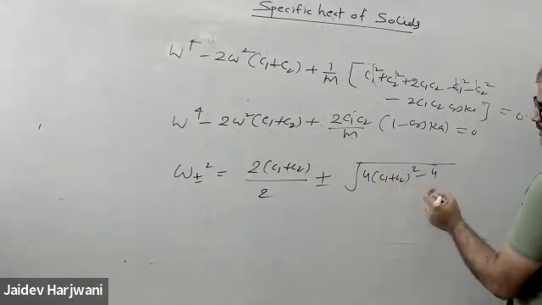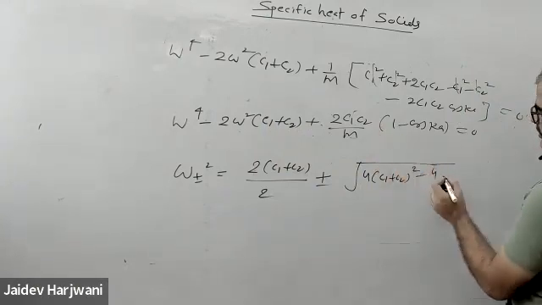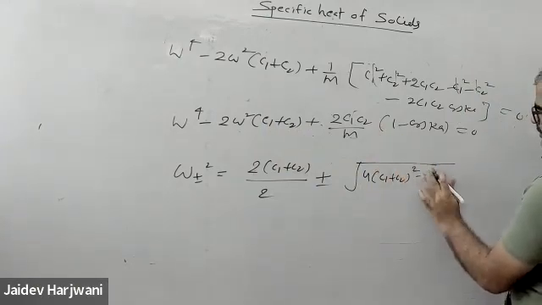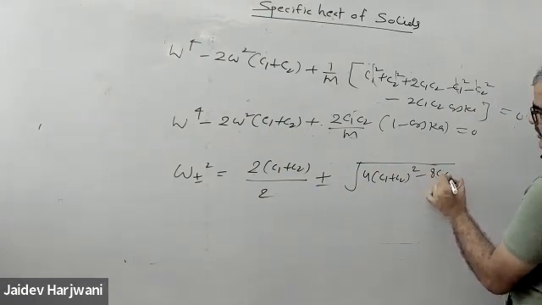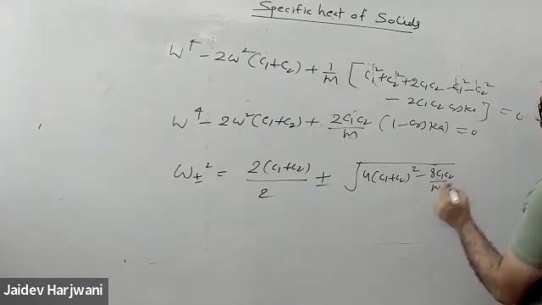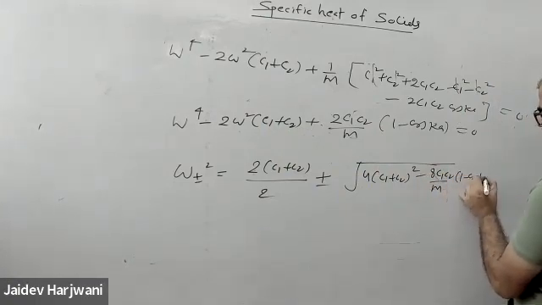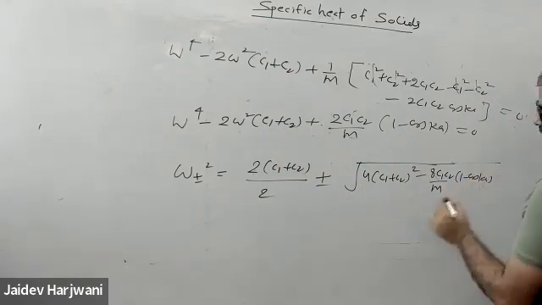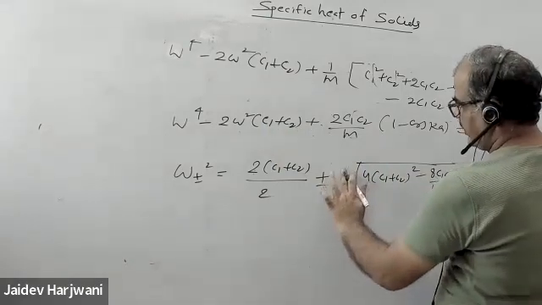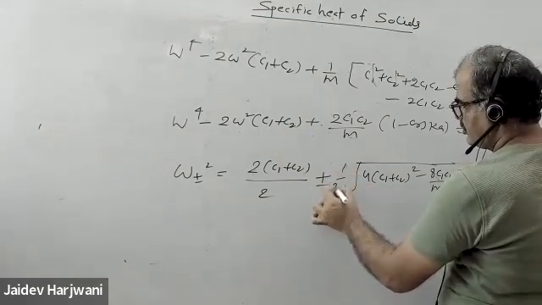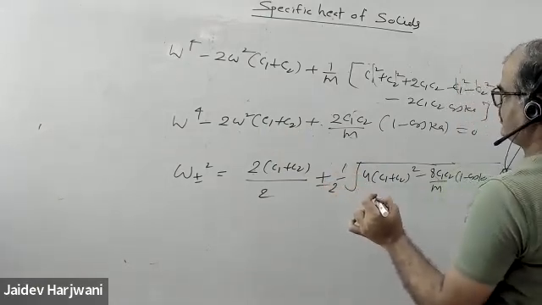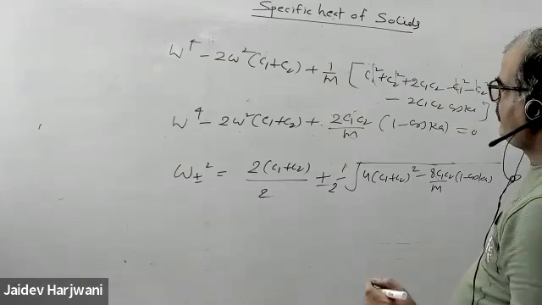Minus 4ac, a is 1, c is this one, so this becomes 8 C1 C2 by m times 1 minus cos ka, upon 2. Isn't it? Yes, sir.